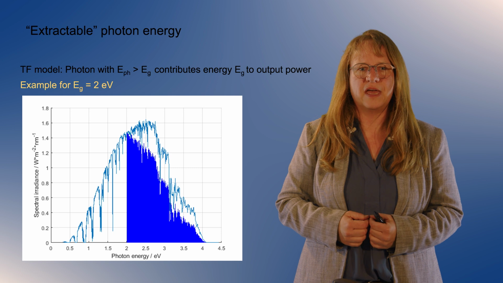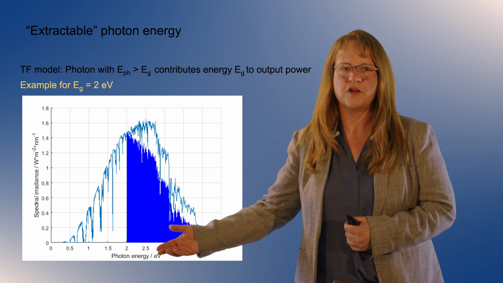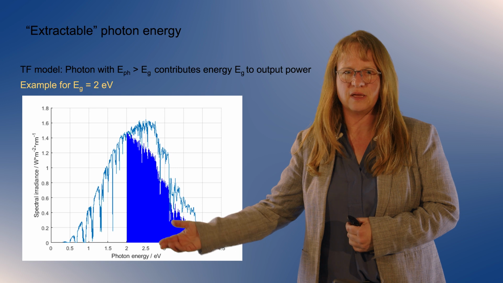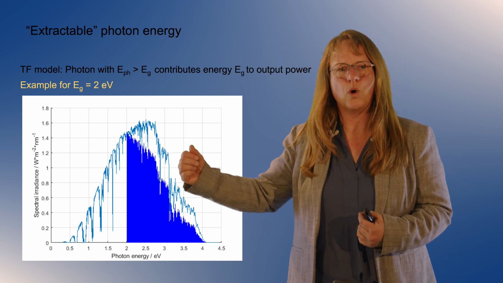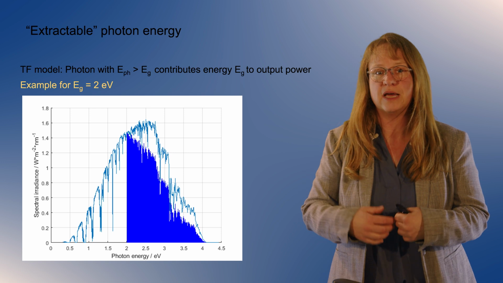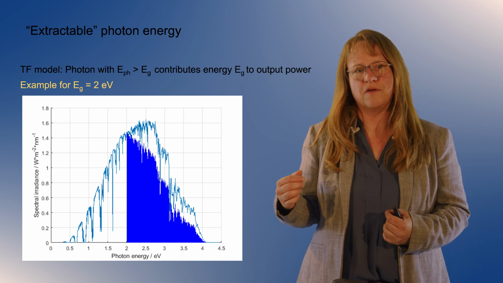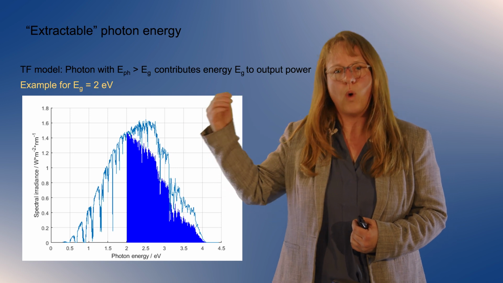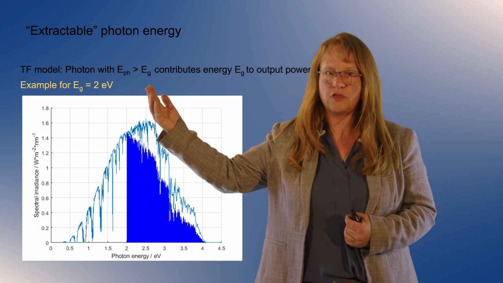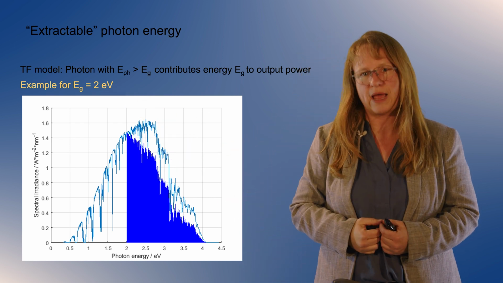If we now, on the other hand, consider a photon energy of 3 electron volts, which would correspond here to maybe 1.2 watts per meter squared per nanometer as incident power, then we cannot use all of the energy. Of the 3 electron volts, 1 electron volt is lost to thermalization and only 2 electron volts can be extracted.